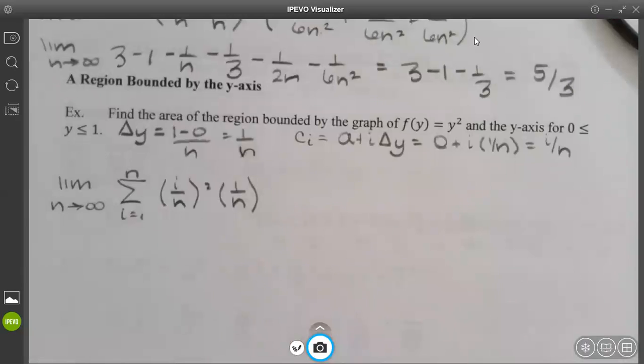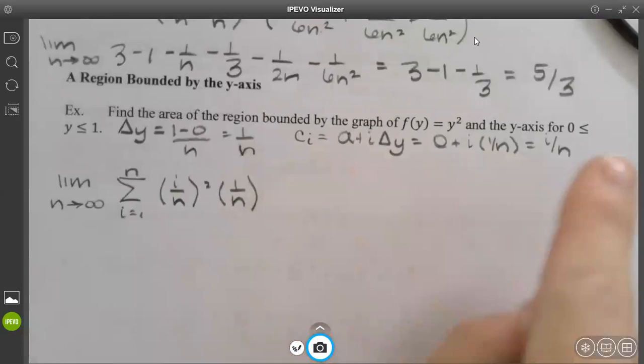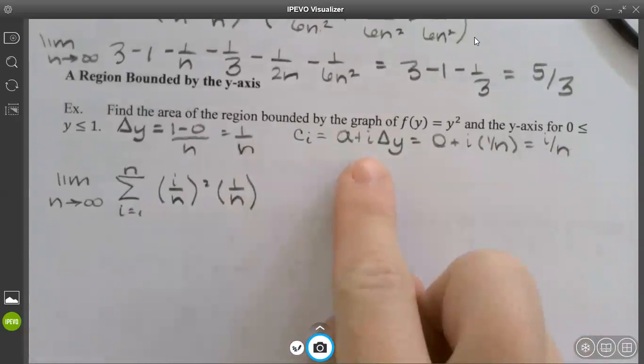All right, why are we finding CI? That's what we have to plug into our equation. CI is a formula. There is no variation into that formula at all. Okay, so where did A come from? Your interval. What was the beginning of your interval? 0. That's where the 0 comes from. This I is part of the formula.